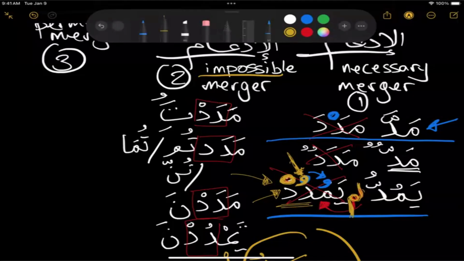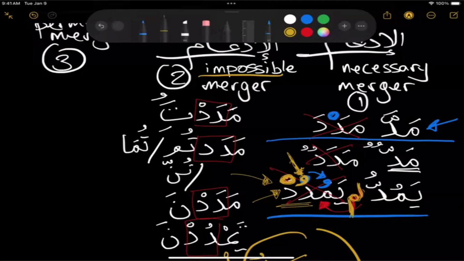Okay, so you might say, that's clear, I understand. Lam is the jazm, like you say lam yalid, sukoon; walam yulad, sukoon; walam yakun, sukoon; lam yamdud, sukoon.